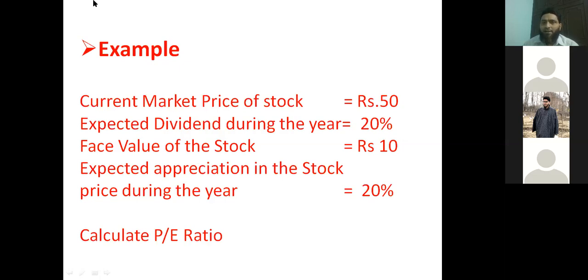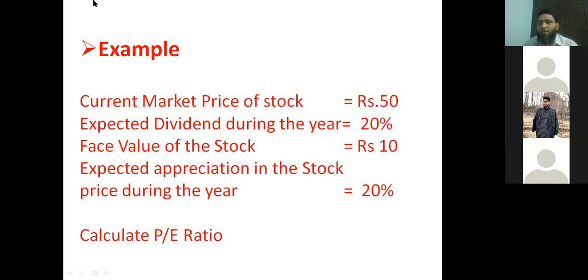Suppose during the current year, on the basis of past record or estimation, you came to know that you are likely to get 20% dividend. The face value of the stock is rupees 10, which is prevailing at 50 in the market. And again, you are expecting 20% appreciation in the stock price at the end of the year.